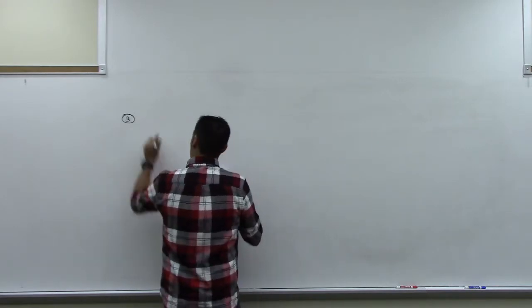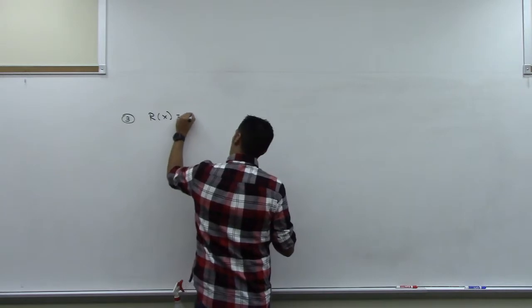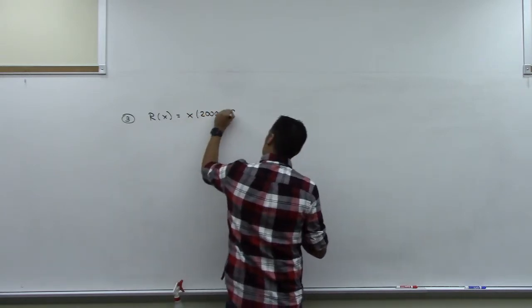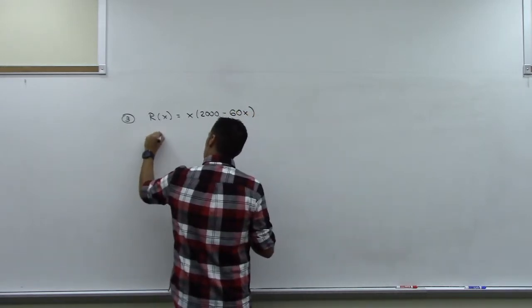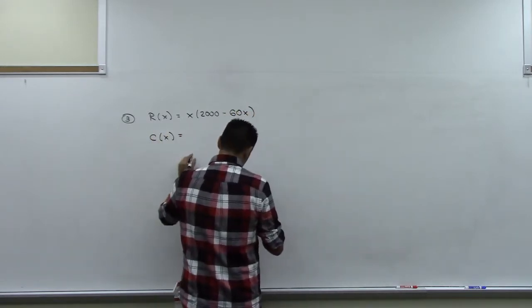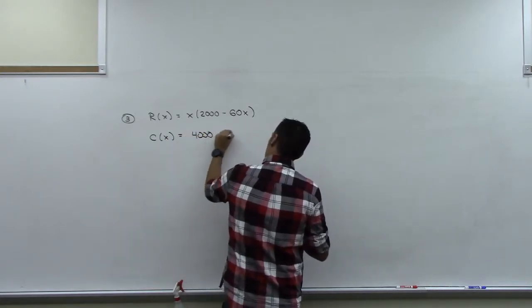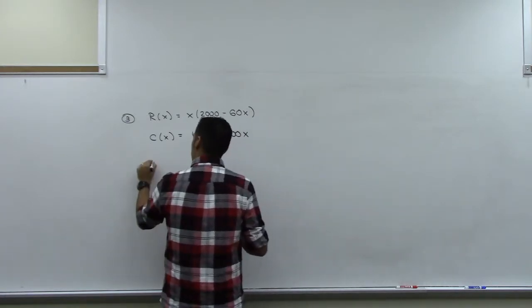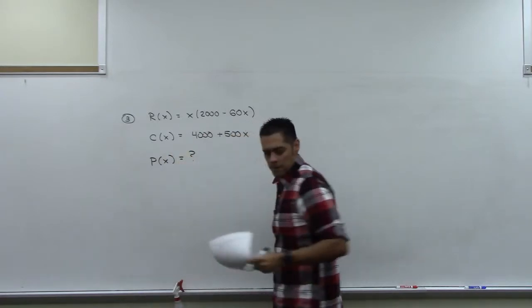Find the profit function if the revenue function is given by x times 2,000 minus 60x, and the cost function is given by 4,000 plus 500x. And they want us to find the profit function. So what is the profit function? That's what they want to know.